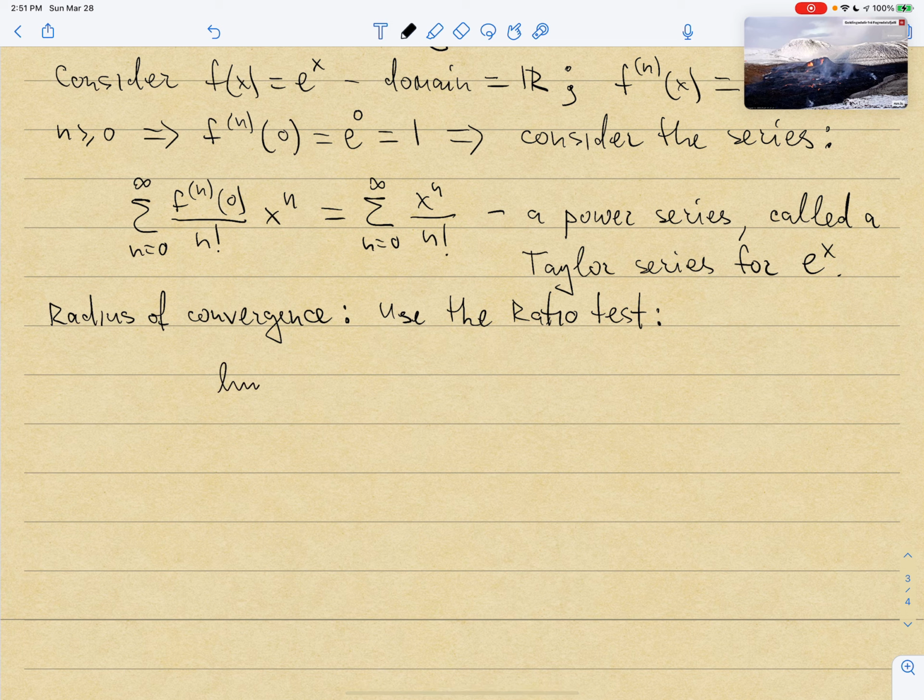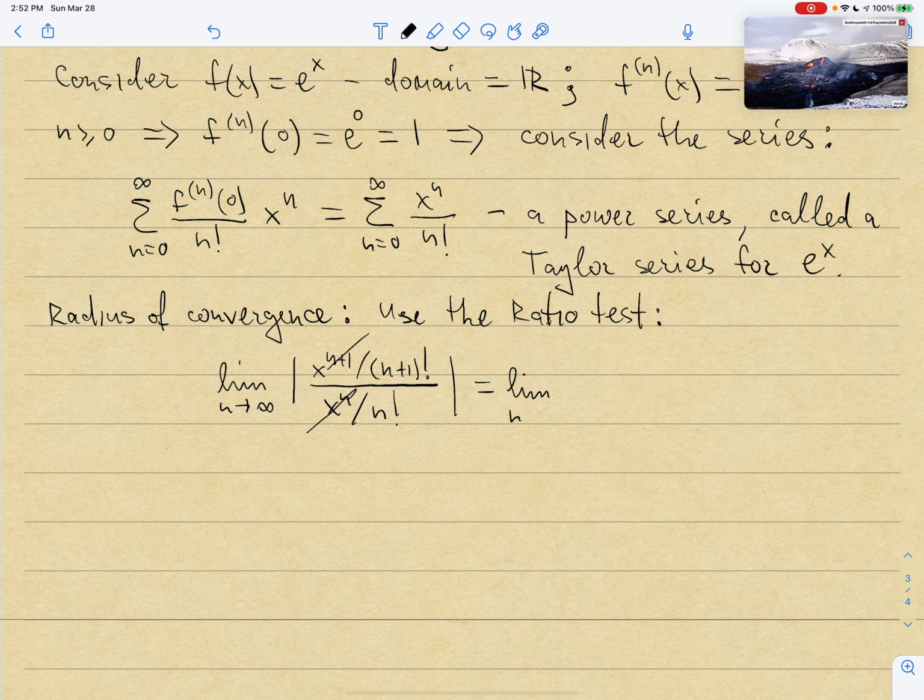When you take a limit, n approaches infinity, of absolute value x to the n plus 1 over n plus 1 factorial divided by x to the n over n factorial. Well, in fact, before I do anything, x to the n plus 1 divided by x to the n cancels out, and I have only x left, and x is the only thing that can be negative in this case, so I have to replace x by its absolute value.